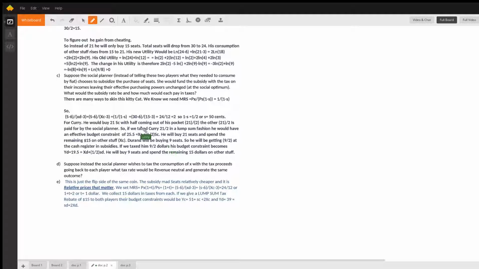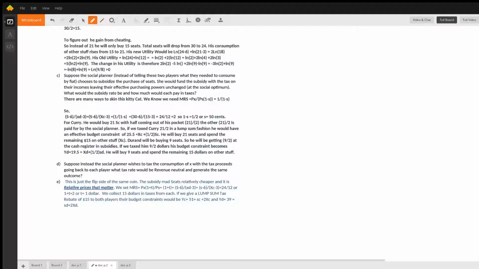So we know, for instance, if Curry is going to buy 21 seats, his total cost out of pocket is going to be half that, which is 21 over 2.